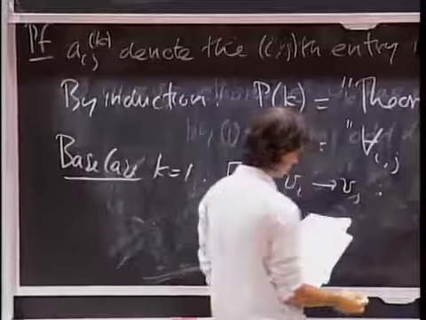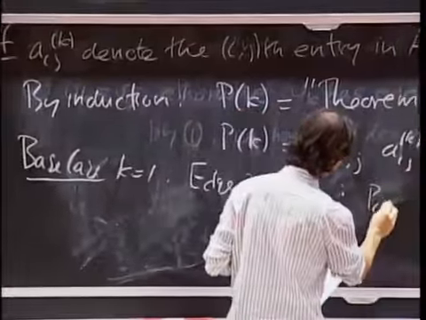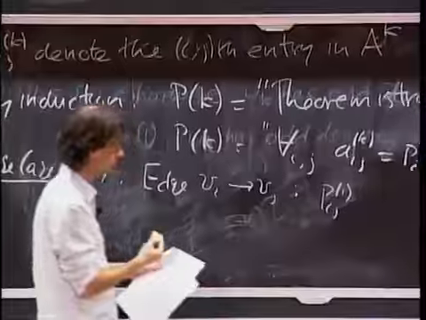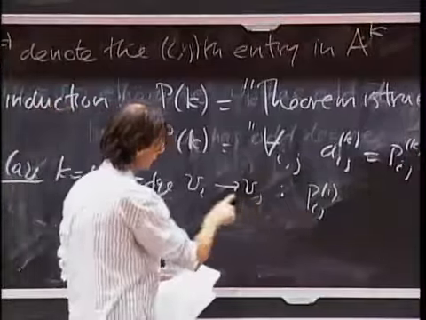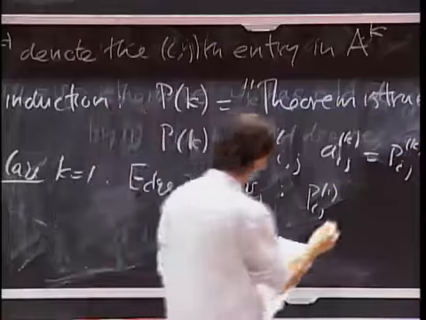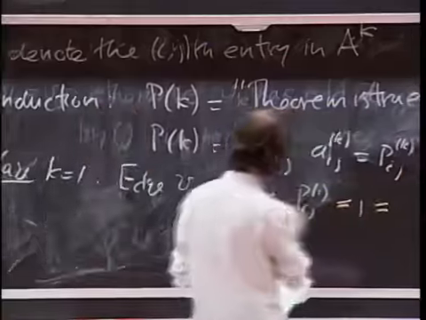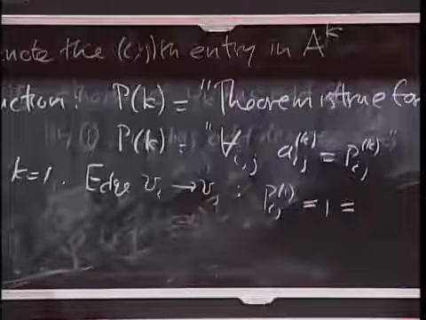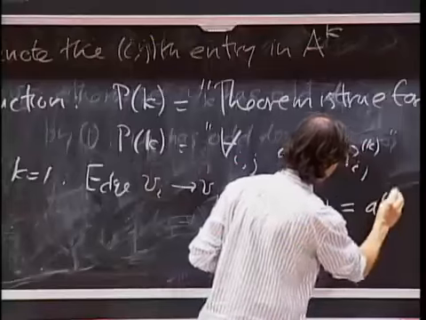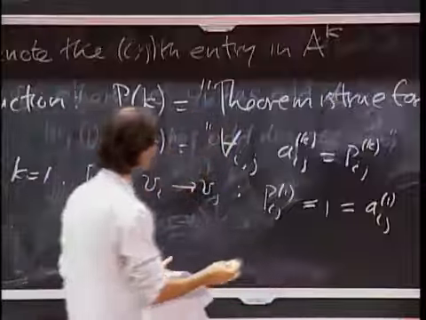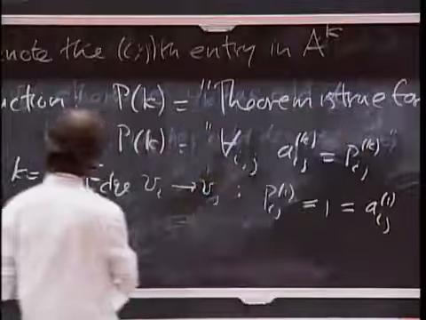In that case, we know that the number of walks of length 1 from i to j is exactly 1, because there's this edge. So this is equal to 1. But this is also the definition of my adjacency matrix, so I can just write Aij^1. So this case definitely works.